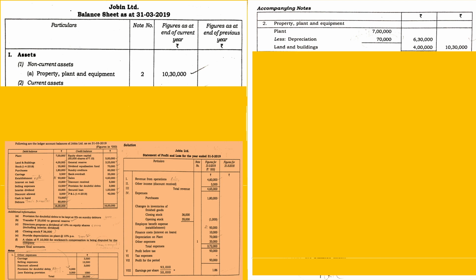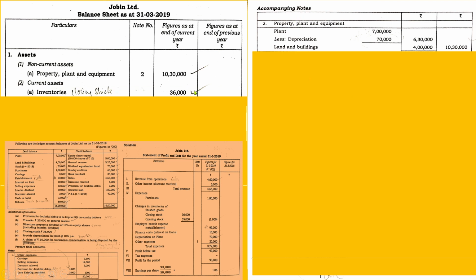Did you record the opening stock in the balance sheet, or did you record the closing stock? We have learned to record only the closing stock in the balance sheet. So never include this stock in the statement of financial position. So inventories include closing stock, that is 36,000.